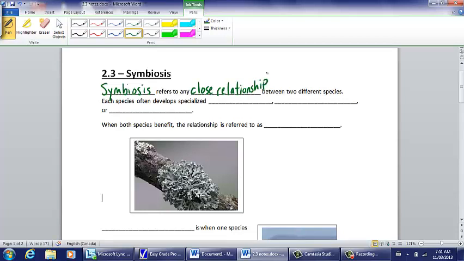Each species often develops specialized behaviors, or specialized life cycles, or structures.